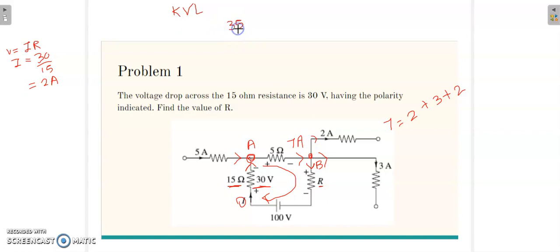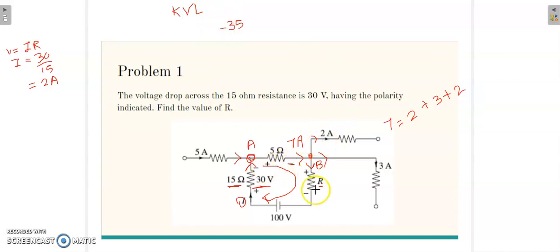Now coming to the sign, what sign will we give to this voltage drop? As we have seen in the sign convention, the current wherever it enters, there is a positive sign, wherever it leaves, there is a negative sign. As I am tracing the loop, at the end of this component, I am getting a negative sign. That is why to this voltage drop, I will give a negative sign.